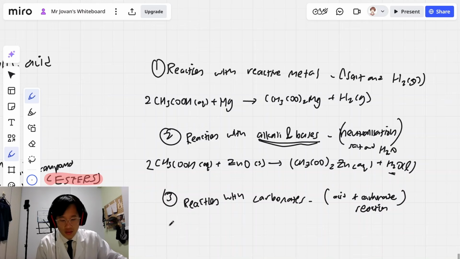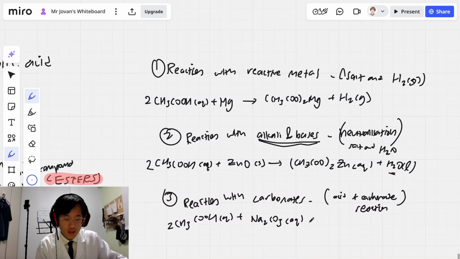Now reaction with carbonates. Okay, I'm going to write the equation for carbonate. So let's use metal carbonate that is generally unreactive with the other stuff. Sodium carbonate. What do you get?